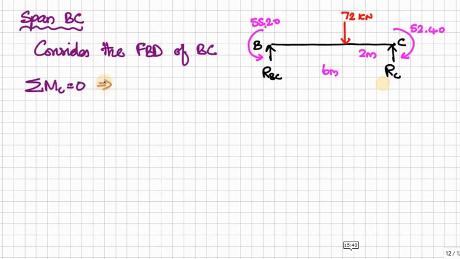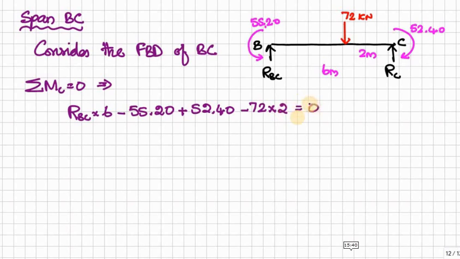Therefore sigma MC is equal to 0 gives RBC into 6 minus 55.20 minus 72 into 2 meter plus 52.40, which is equal to 0. Therefore, RBC is equal to 24.47 kilonewton.